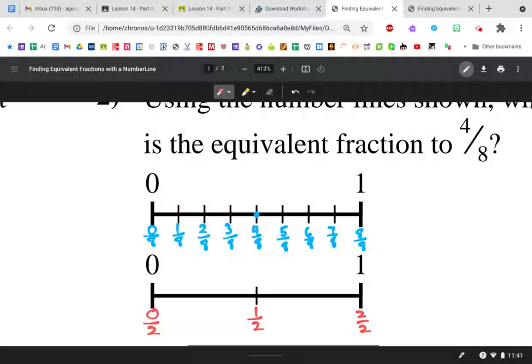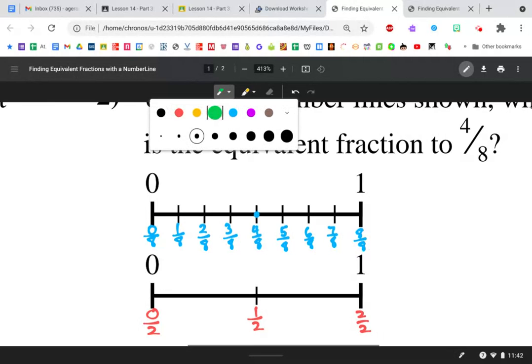Now, how do we use these number lines to find equivalent fractions? Well, because of what we recognized at the beginning, these number lines are identical. They start at 0, they end at 1, and they're both the same length, right? So they represent the same amount. Because we understand that now, we can actually just visually look to see which fractions line up with 4/8.